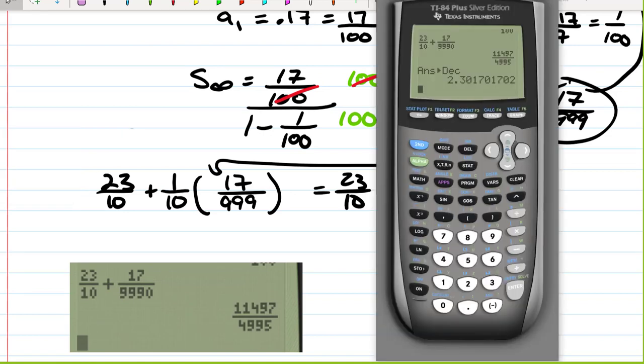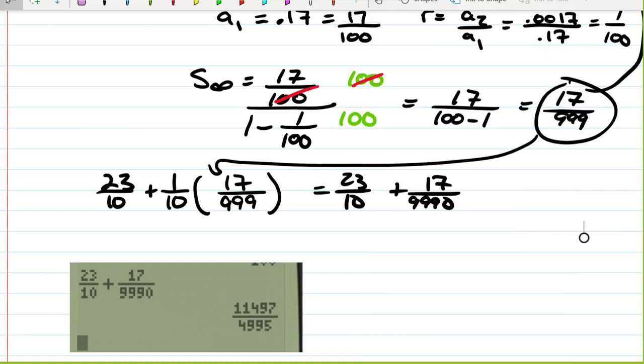okay, we've got to go back because I have a typo. So, yeah, you're absolutely correct. 100 take away 1 is not 999. What should it have been? 99?